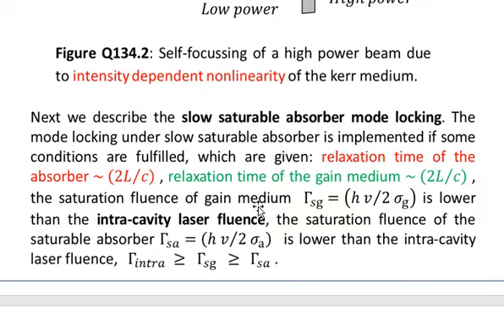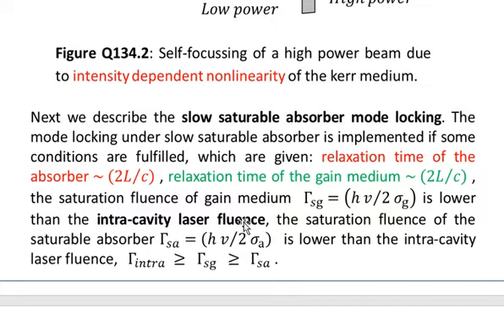The saturation fluence of the gain medium, which is gamma Sg, is lower than the intracavity laser fluence. So this gamma Sg should be smaller than gamma intra, where gamma intra corresponds to the intracavity laser fluence.